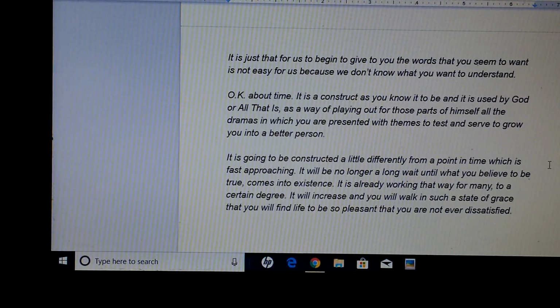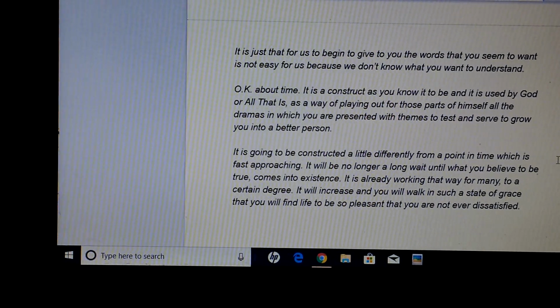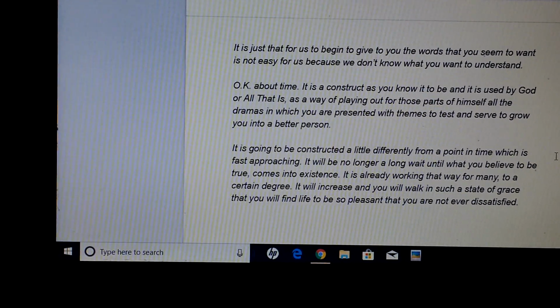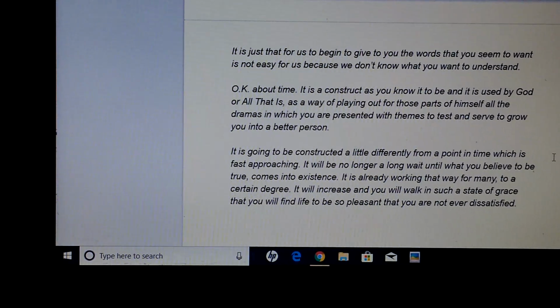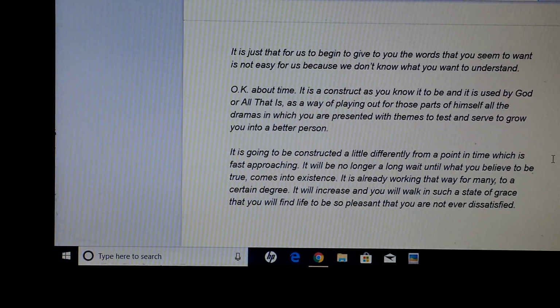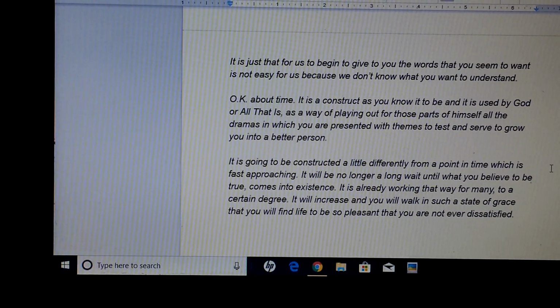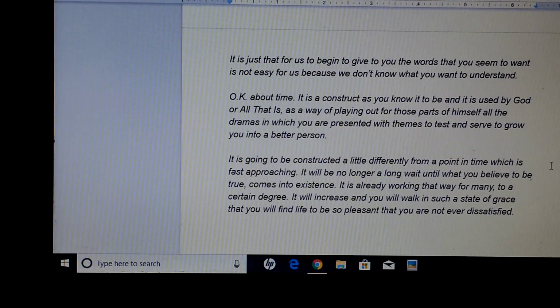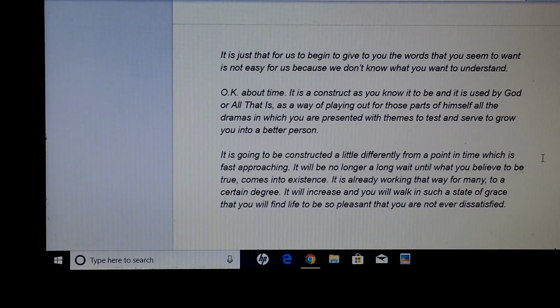It will be no longer a long wait until what you believe to be true comes into existence. It is already working that way for many to a certain degree. It will increase, and you will walk in such a state of grace that you will find life to be so pleasant that you are not ever dissatisfied.